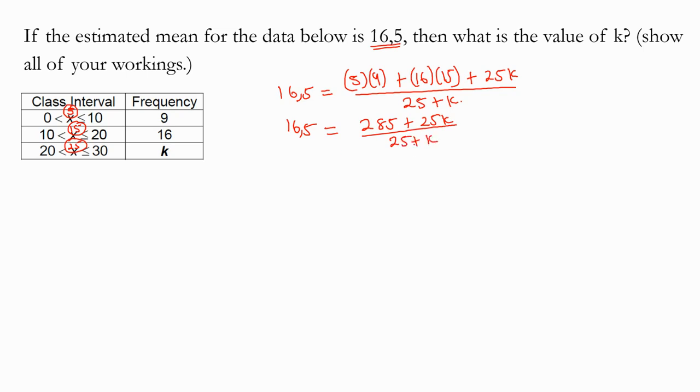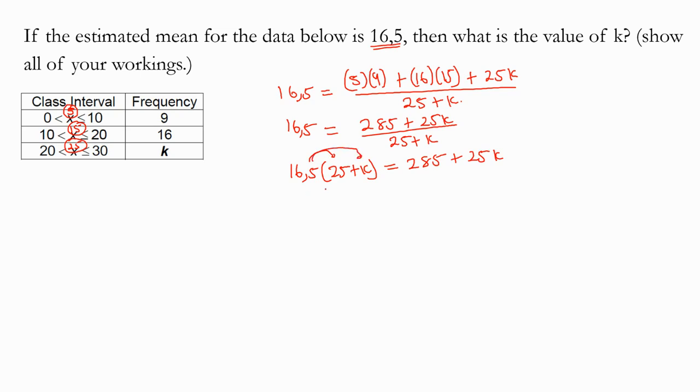And then we can multiply by the denominator on both sides of the equation, or you cross multiply. So 16,5 times 25 plus k is equal to, if you multiply by this denominator, you cancel each other out, you remain with 285 plus 25k. See that? Then let's distribute, remove the bracket.